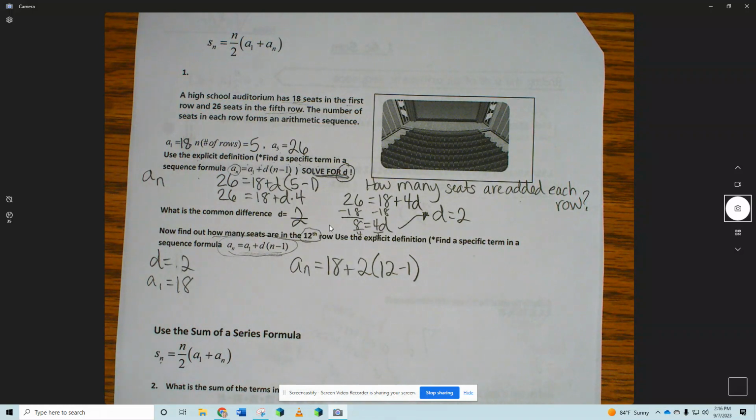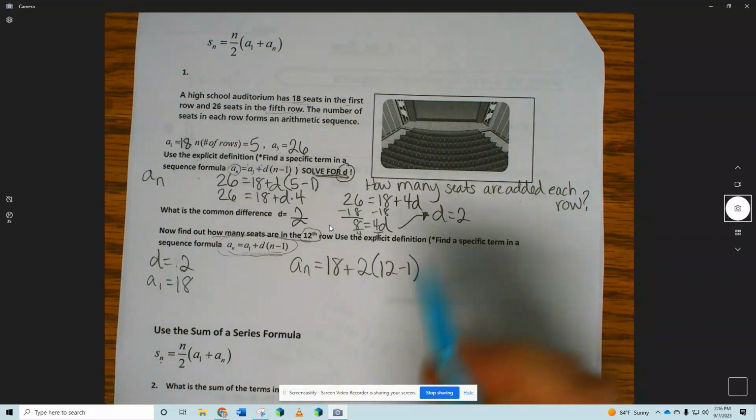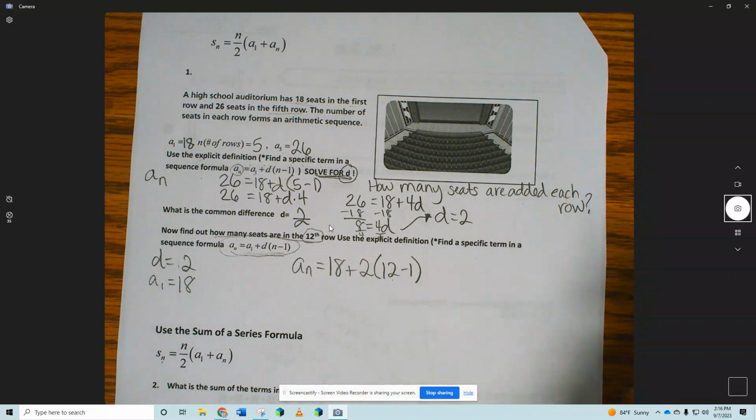Oh shoot. I keep putting 12. Did me putting 12 mess you guys up? Might have. I shouldn't be writing the wrong numbers. Okay. 2 times 11, right? Plus 18.